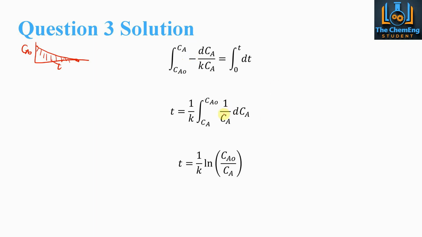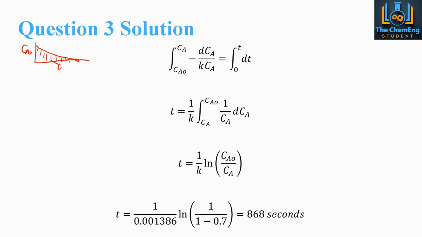So then all we need to do is integrate this and substitute in our limits. So we get t equals 1 over k ln of Ca0 over Ca. Then if you remember from the substitution, Ca is equal to Ca0 times 1 minus x, we could pop that in here, and then we substitute in our conversion x to be 0.7, and that would tell us that the time it would take to reach a conversion of 70% would be 868 seconds.